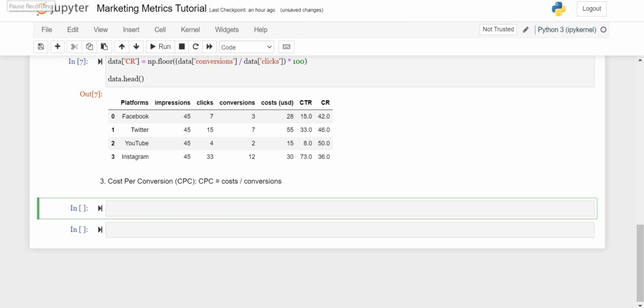So we say data, new column is data cost. So what's the name again? We have cost in USD. Okay, then divided by data conversions.